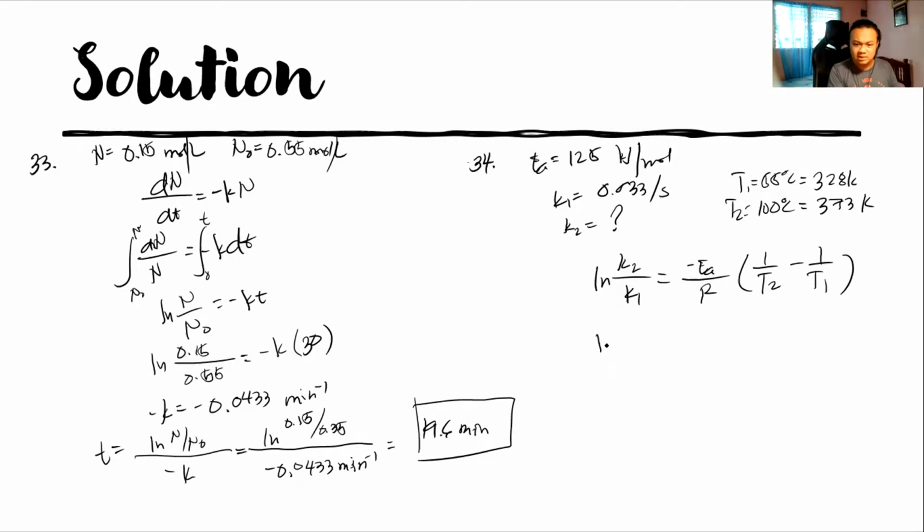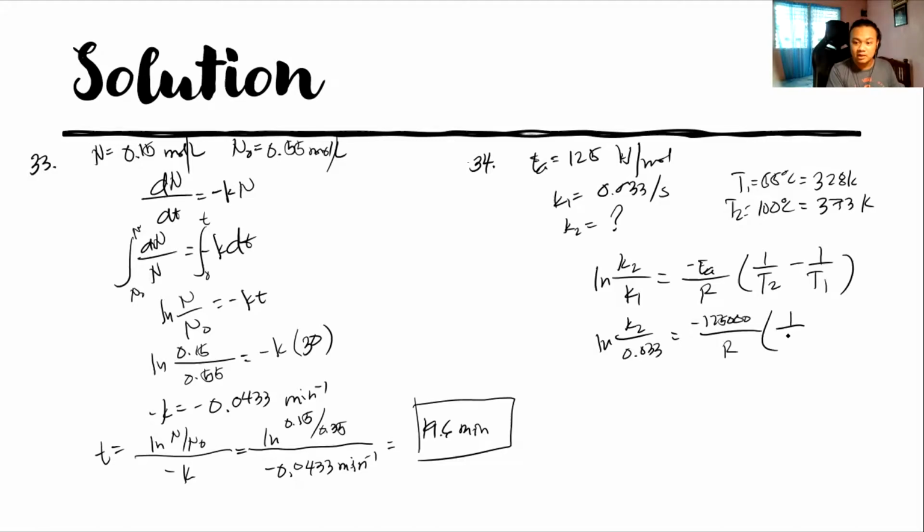So just plug and play. So put the values here. This is K1 and then negative 125,000 joules man, and R, use this katong R that is in your calculator, 8.314.